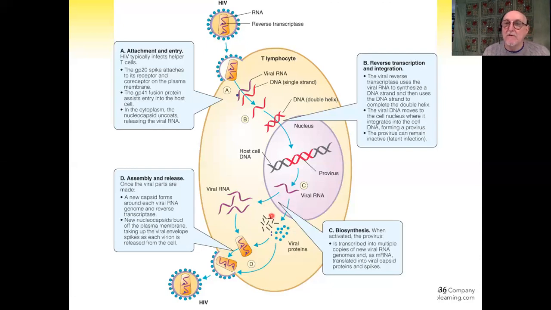Now, to explain to you, this viral RNA here, it's like a messenger RNA, and it's being exported out of the cell, and is then being read off, and it's being translated by the ribosomes of the host cell. And the ribosomes actually produce one single long protein, polypeptide strand.